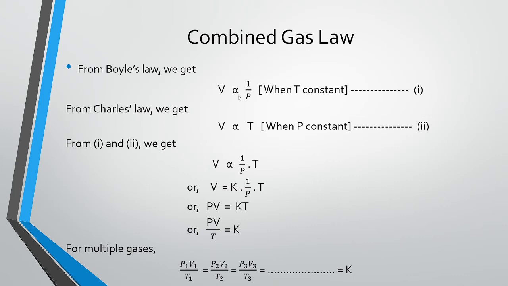We are getting two relations. This is a relation, this is not an equation. Please keep in mind, an equation is an expression where both left hand side and right hand side are equal, but in this relation, the left hand side and right hand side are not equal.